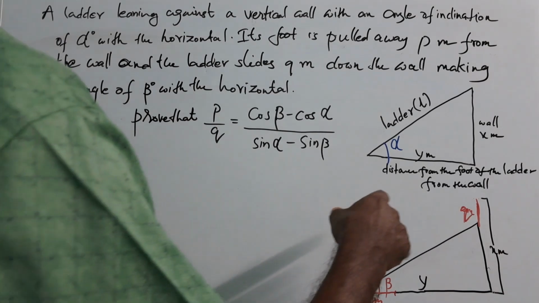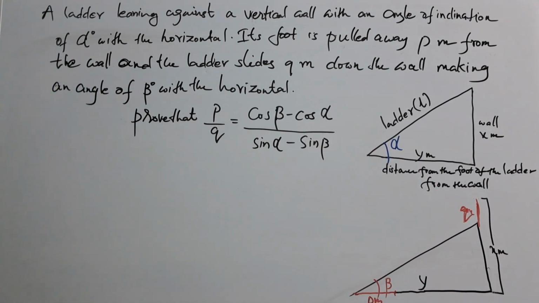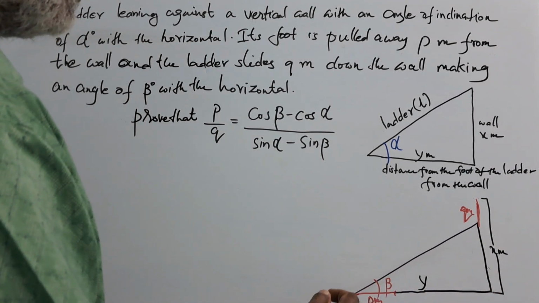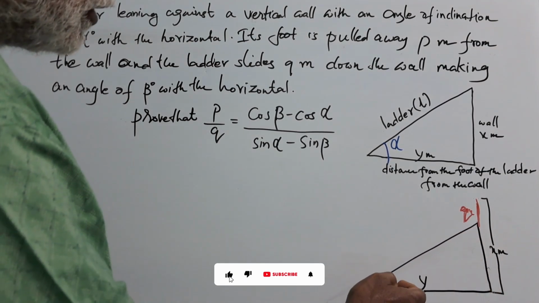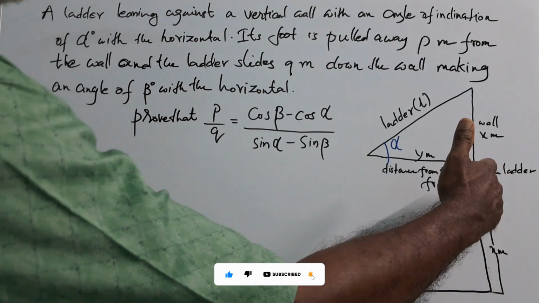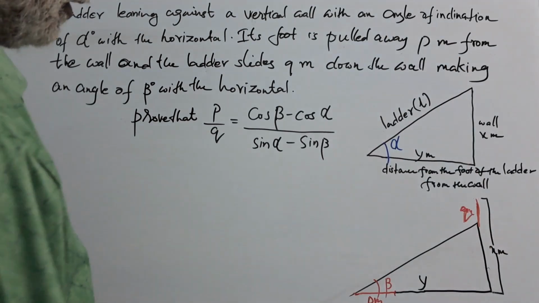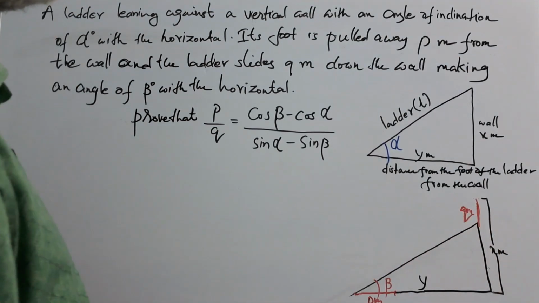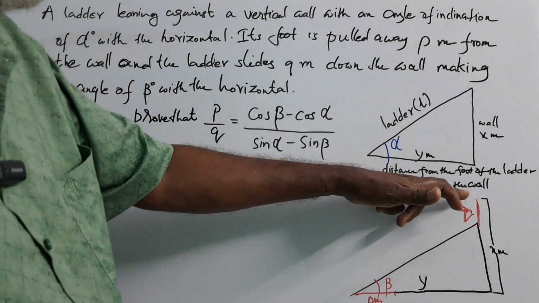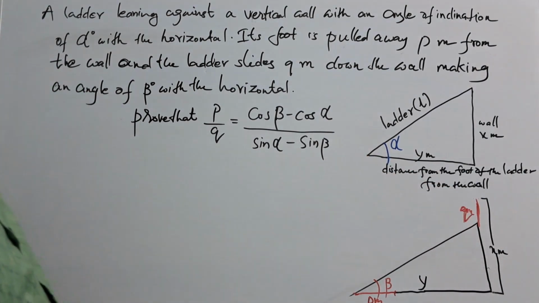When the foot of the ladder is pulled backward, that means the distance of the foot of the ladder from the wall is increased by p meter. Naturally, the ladder would slide a little down. The distance at which the ladder went down through the wall is q meter.